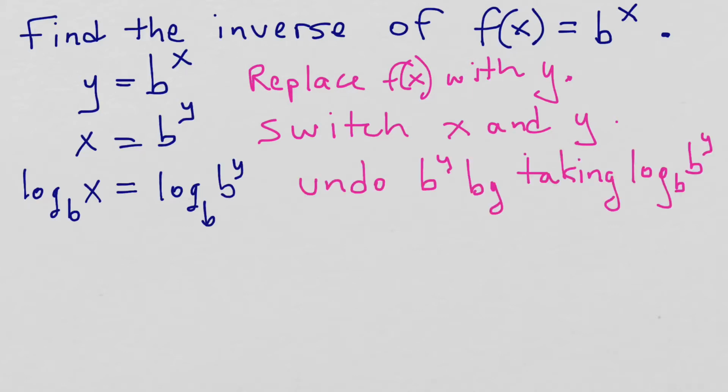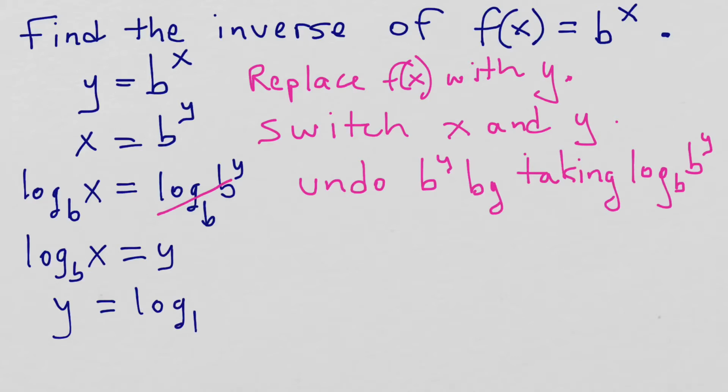Next, we can cross out this part here and be left with y. So we'll have log to the base b of x is equal to y. I'm going to write it this way: y is equal to log to the base b of x.